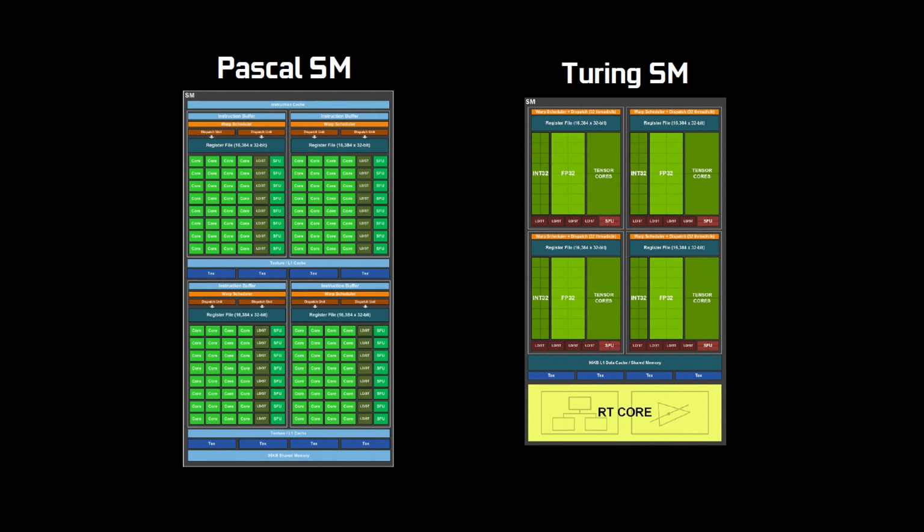the warp scheduler itself seems to be redefined. It's far more efficient, as well as the dispatch unit working in tandem with the warp scheduler. Essentially they're taking all these instructions.